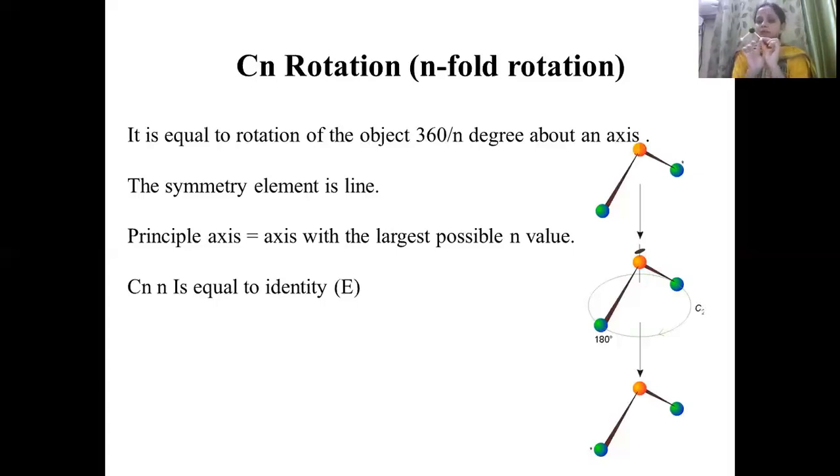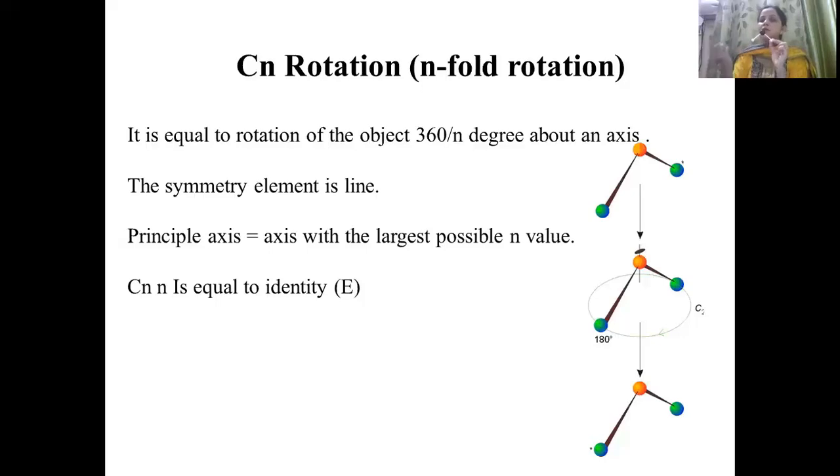Suppose I am labeling this hydrogen atom as H1 and this one H2. Now I am rotating the molecule through 180 degrees through this axis. Now my H1 is replaced by H2 and H2 is replaced by H1. What if I rotate through another 180 degrees? Now I am getting H1 and H2 back.